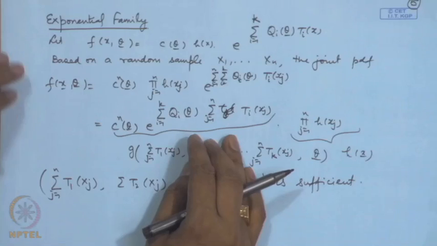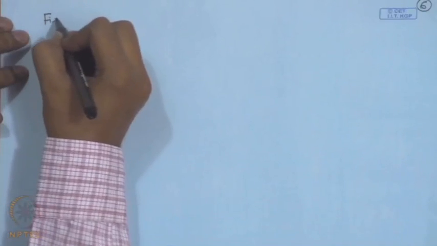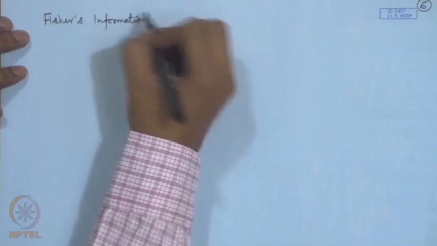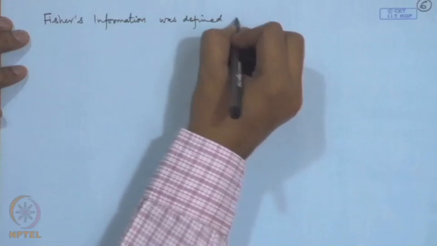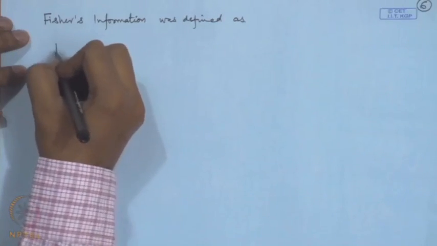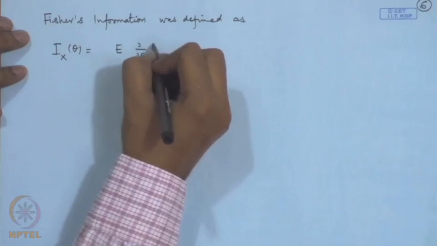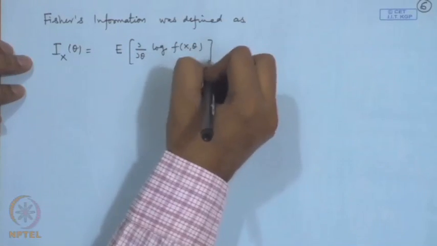Now, let me introduce the relationship between Fisher's information measure and the concept of sufficiency. If you remember, Fisher's information was defined as I x theta is equal to the expectation of del by del theta log of f x theta, whole square.